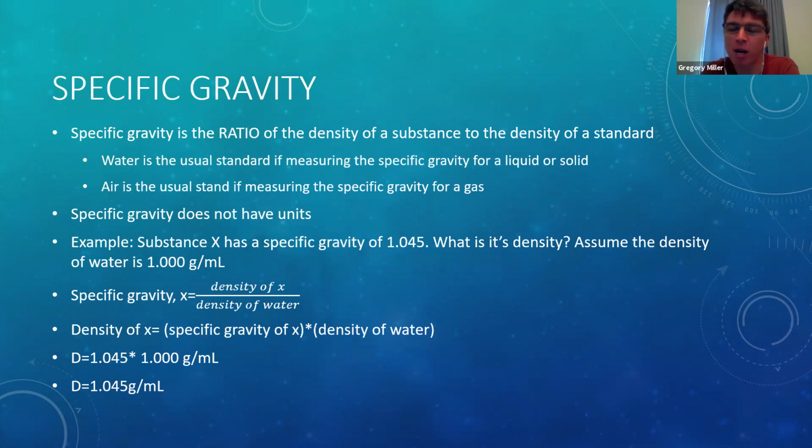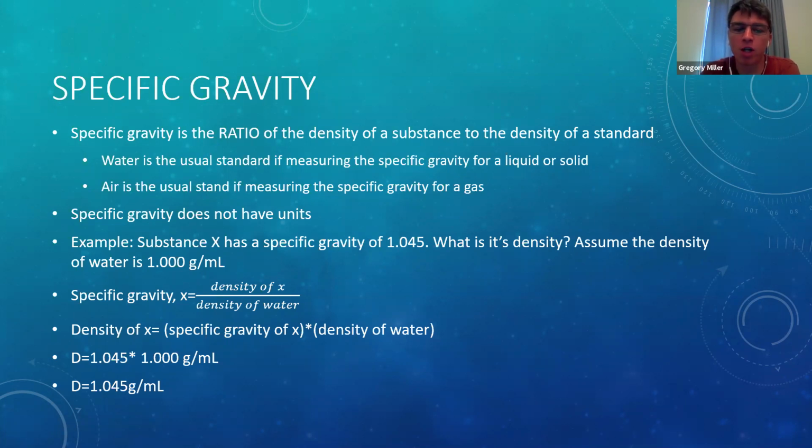Specific gravity is the ratio of the density of a substance compared to the density of a standard. So if we're talking about liquid solutions, we usually compare to water. If we're looking at the density of a gaseous mixture, we usually compare that to air, earth, atmospheric air. Specific gravity does not have units.